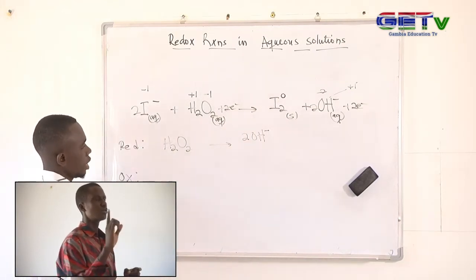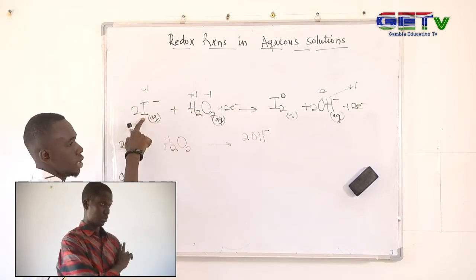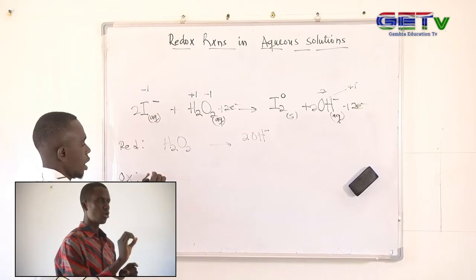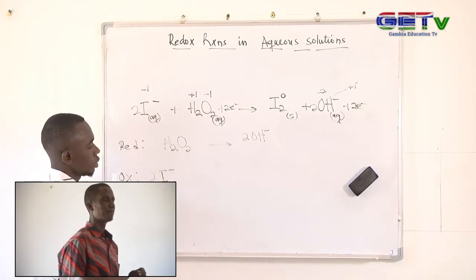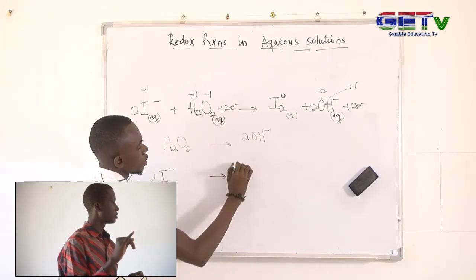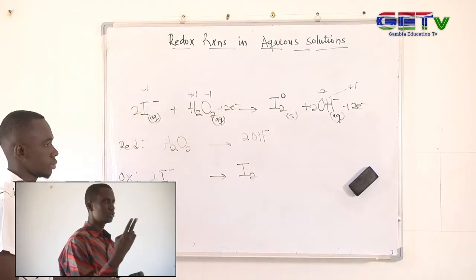But the iodine will be undergoing oxidation. Here we have to say that the iodide ion will give us the iodine molecule.